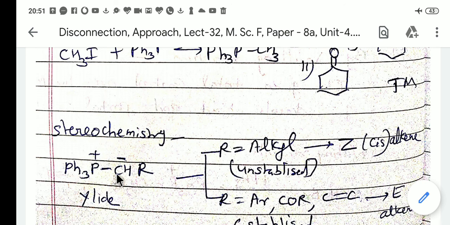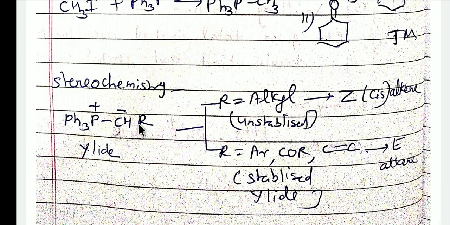If the halide contains an alkyl group, then R becomes an alkyl group, an unstabilized ylide, and the cis, Z alkene is formed. When R becomes a stabilized ylide, with Ar, COR, or C=C, then the E, trans alkene is formed.